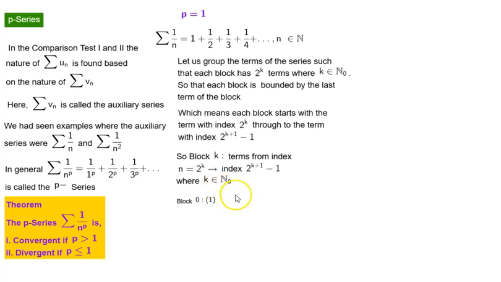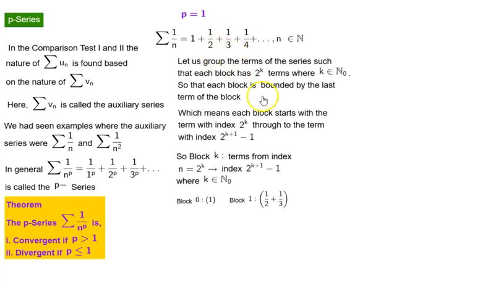So first term to first term, so only one term. Block 1 will contain 2^1, that is 2, to 2^(1+1), that is 2², which is 4. 4 minus 1 is 3. That means second term to third term.